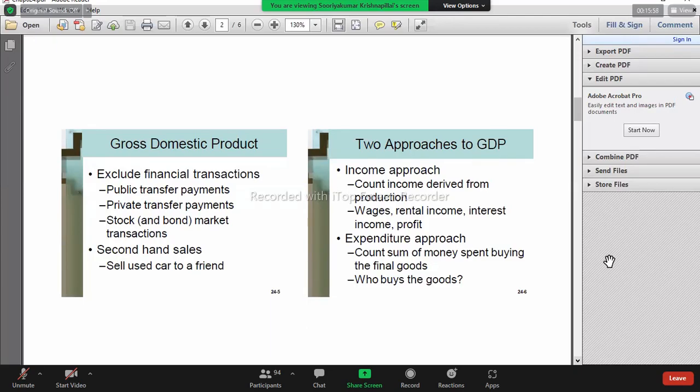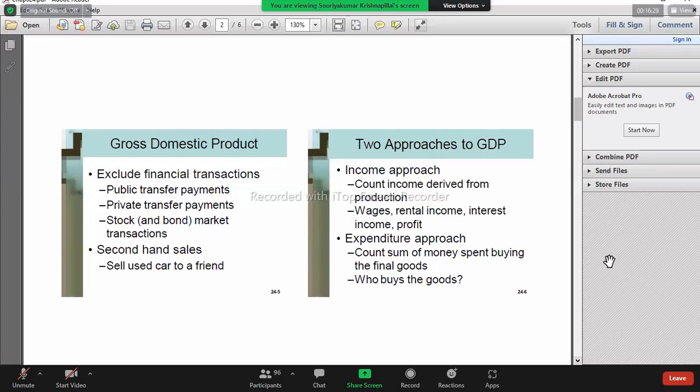We can calculate GDP by two methods. One is the income approach, the other is the expenditure approach. You already studied the circular flow of the economy. All the resources or factors of production needed for any production are supplied by households.